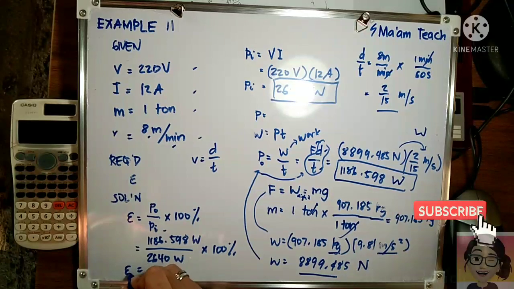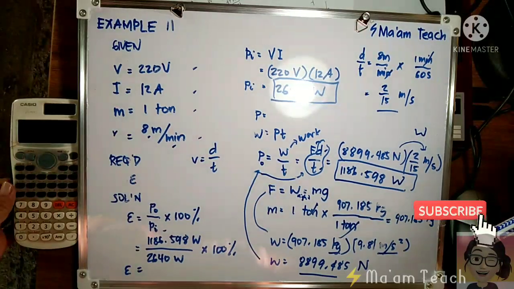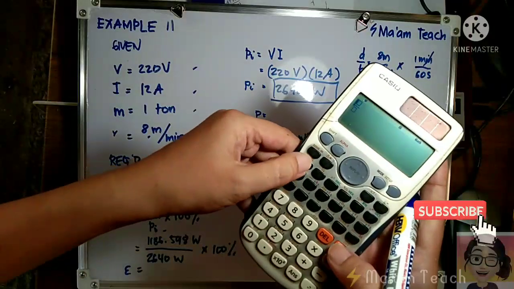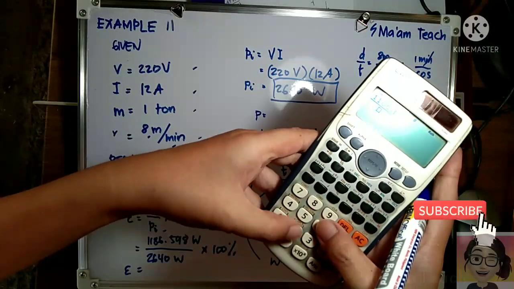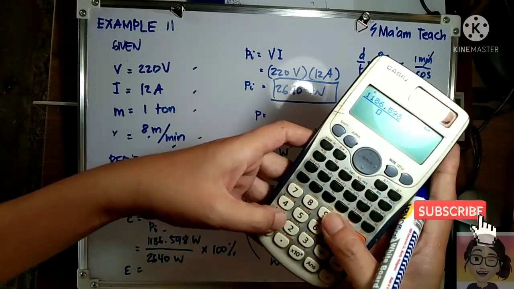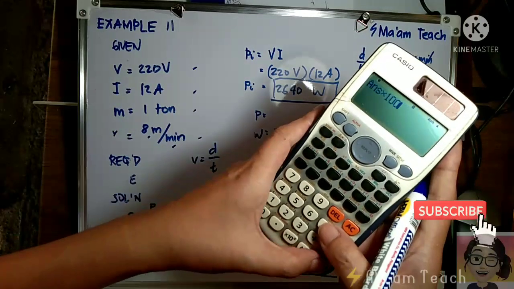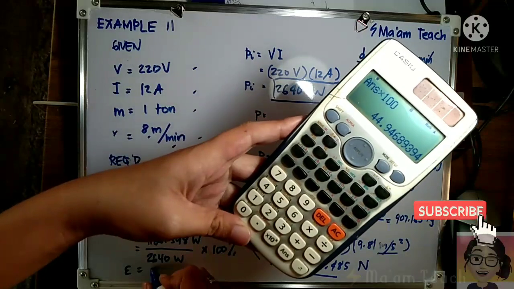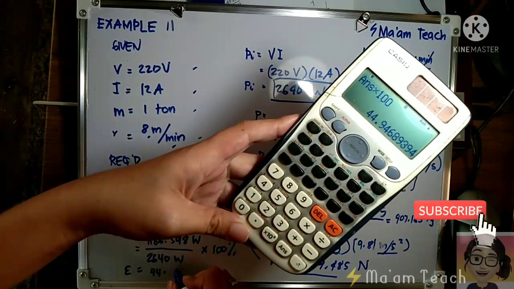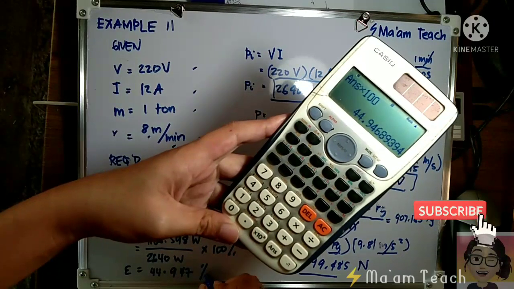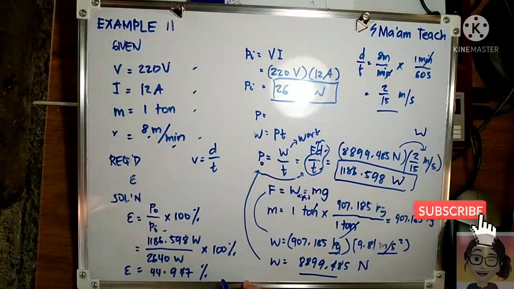So from there, your efficiency will be 1186.598 over 2640, and then multiply by 100%. So we have 44.947. This is in percent already. So class, this is the answer for example number 11.